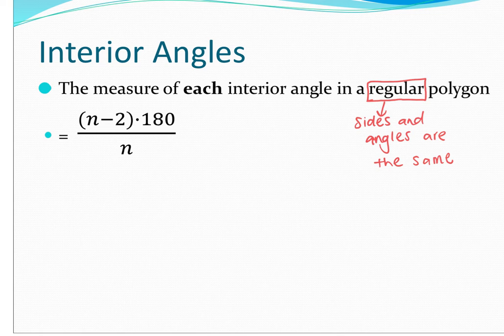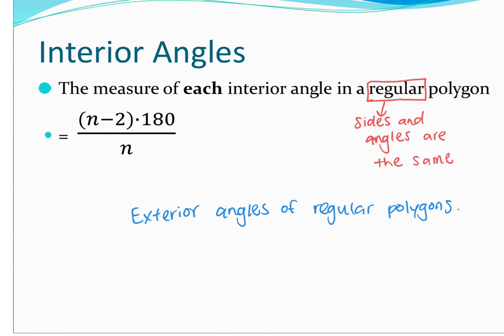Now, there's another formula for regular polygons for the exterior angles, okay? And we're going to come up with it together.